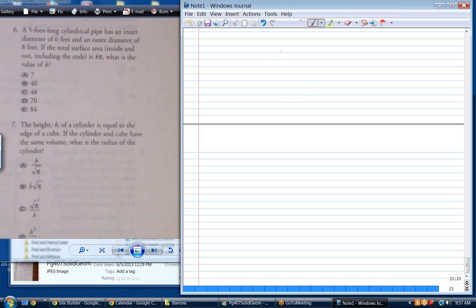Oh, I do not like these ones. All right. Well, here's our pipe. Normally we draw these vertically, but it's okay. It's 5 foot long. Has an inner diameter of 6.